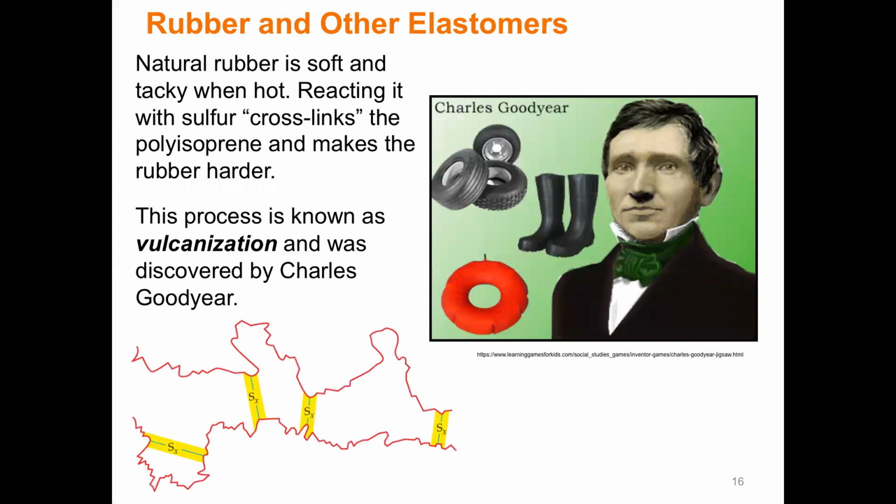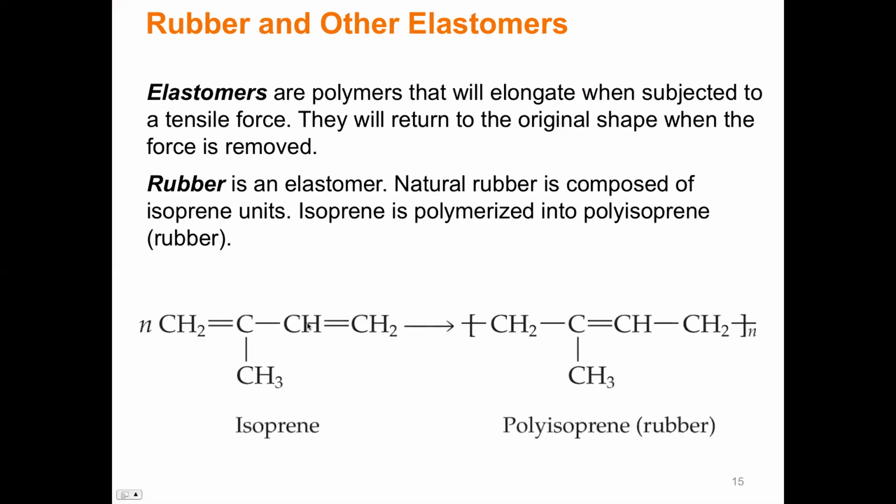Because natural rubber was really soft and tacky, he discovered this process called vulcanization, and all that means is that you're going to cross-link it with sulfur groups. And if you look at it here, they've got some double bonds. Remember, sulfur likes to form 2 bonds. It's like oxygen. It's a valence of 6.